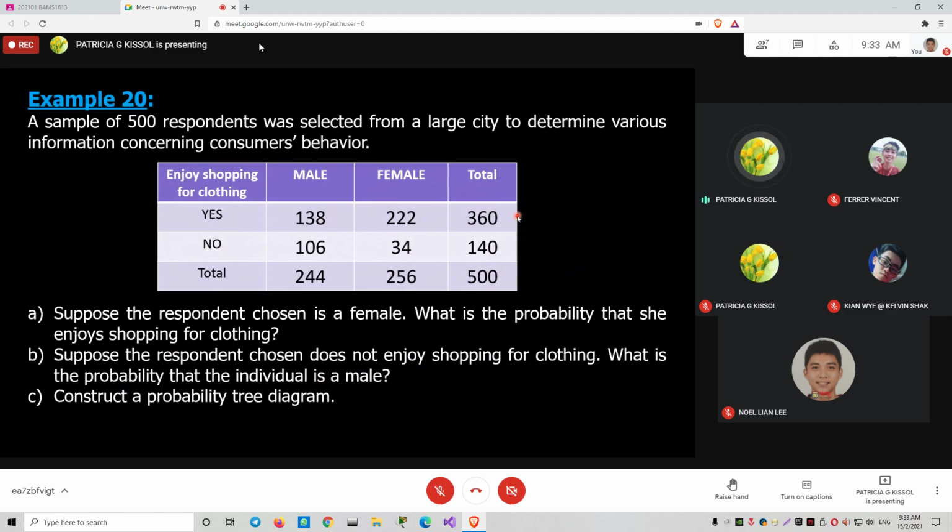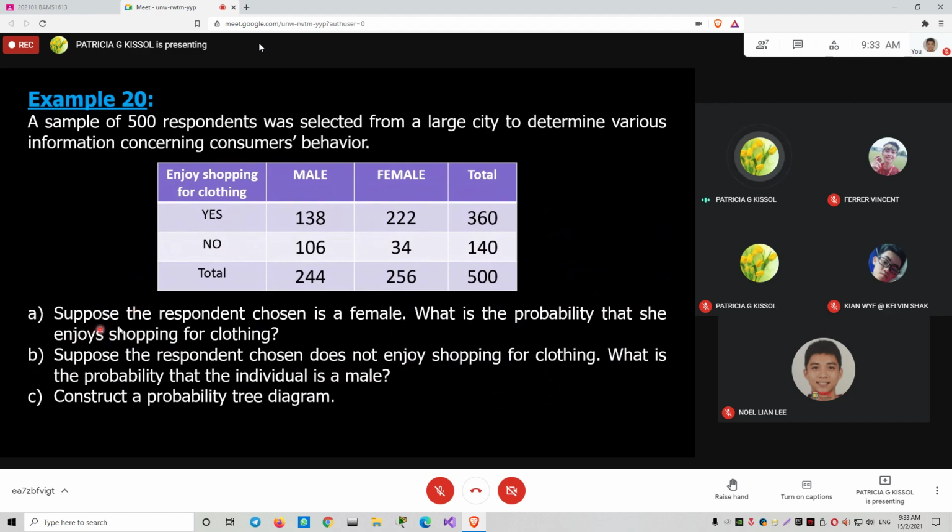The total is simply adding all the values. It's not in percentage, it's in terms of numbers. So 138 plus 222, we get 360. And same thing for no, we get 140. And when you add them, you get the grand total of 500.